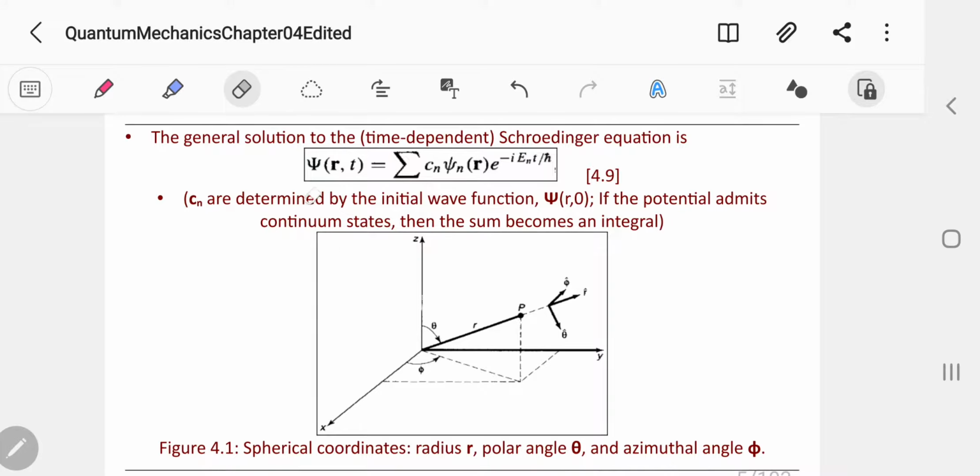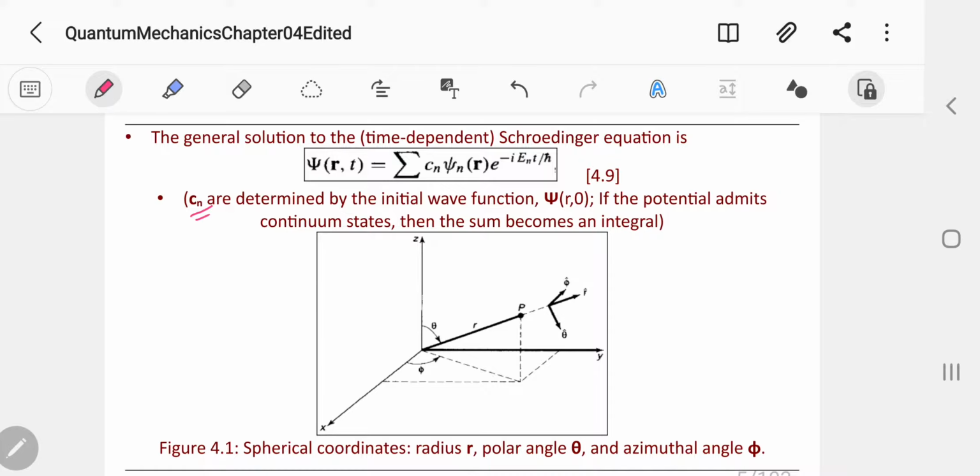Each of the stationary states would have a contribution, and the contribution would be determined by the constant Cn.